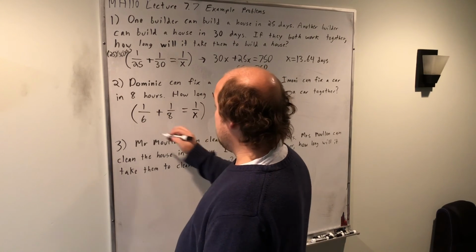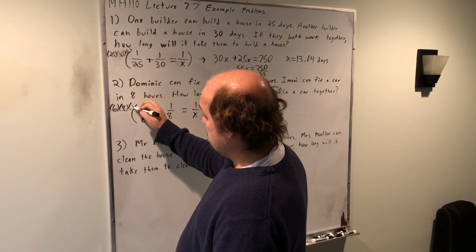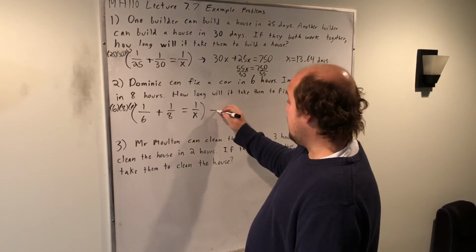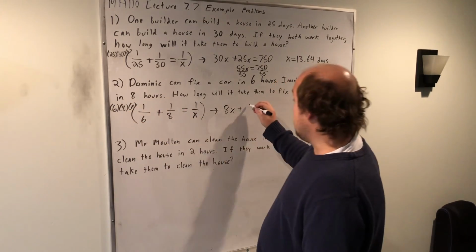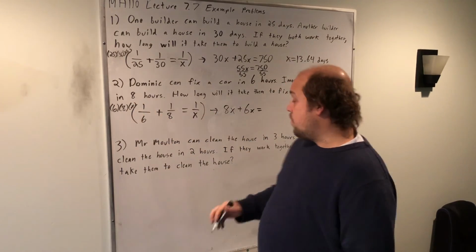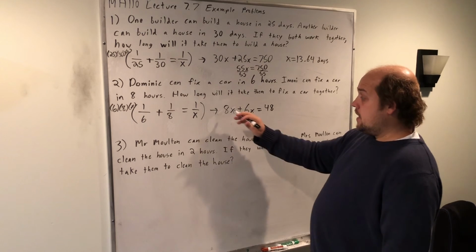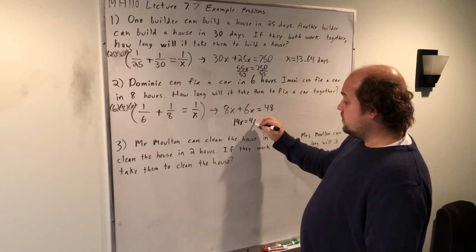Easiest way to do it is to multiply by 6 times 8 times x. First term, the 6s will go away and leave me with 8x. Second term, the 8s will go away and leave me with 6x. And on the right-hand side, the x's will go away and leave me with 6 times 8, or 48. 8x plus 6x gives me a total of 14x, which equals 48.